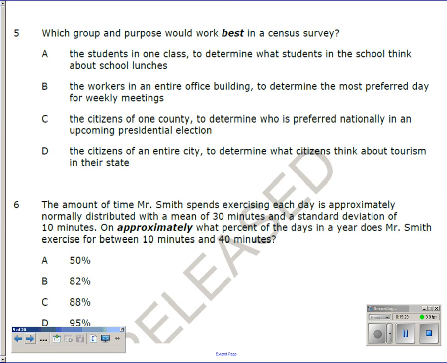It says 5, which group and purpose would work best in a census survey? So we just talked about what a survey was. A survey is just answering questions to learn information. What we didn't really talk about is the specific type of survey. A census survey asks everybody in the population you're studying.